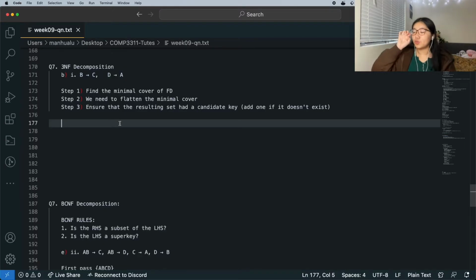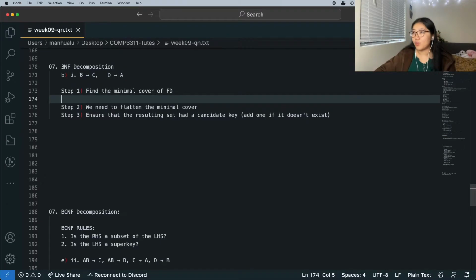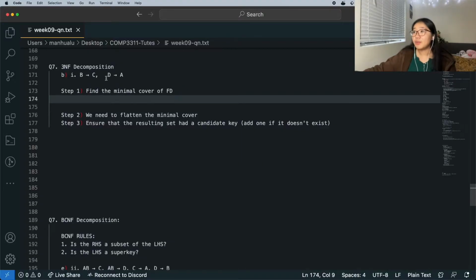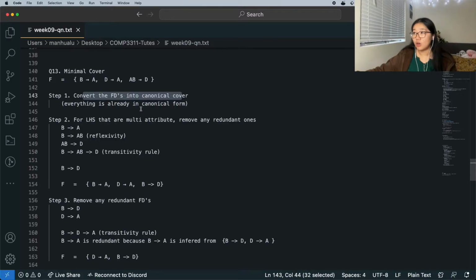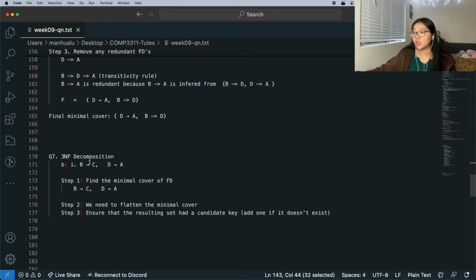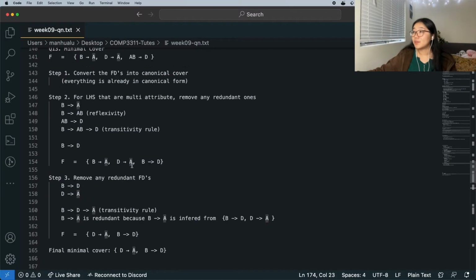So this is quite simple, because if you just go through step 1, find the minimal cover by what we learnt before. If you just go back and review these steps, first convert all of the functional dependencies into a canonical form, meaning all the right hand sides should just have one attribute, and they already do. So we can skip step 1.